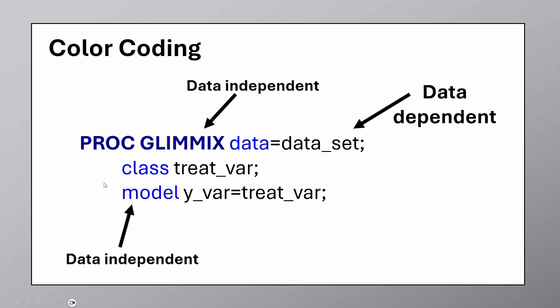Just by policy, to keep my code clean, I capitalize procedures and data steps. So proc names will be all capitalized, whereas the statements are going to be lowercase. You can do what you want, but that's how I do it to keep things clean. Strings in SAS Studio are this off purple, while numbers are this off green, and I try to replicate that in my example code here on the slides.